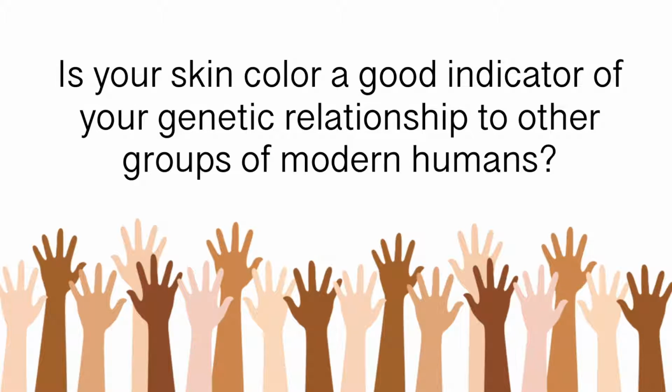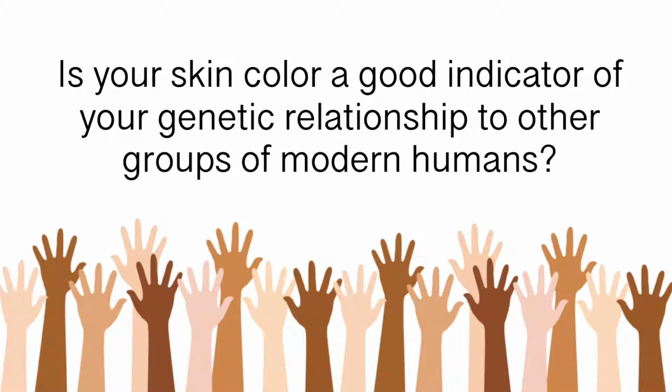And what I really mean by this is, do you think that individuals with a similar level of skin pigmentation, either dark or light or medium skin tone, do you think that skin tone can be used to examine how closely related or how similar your DNA is to another individual?